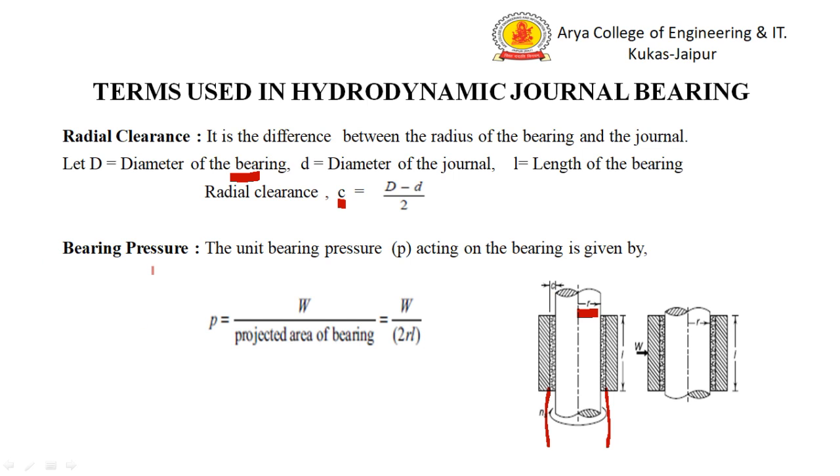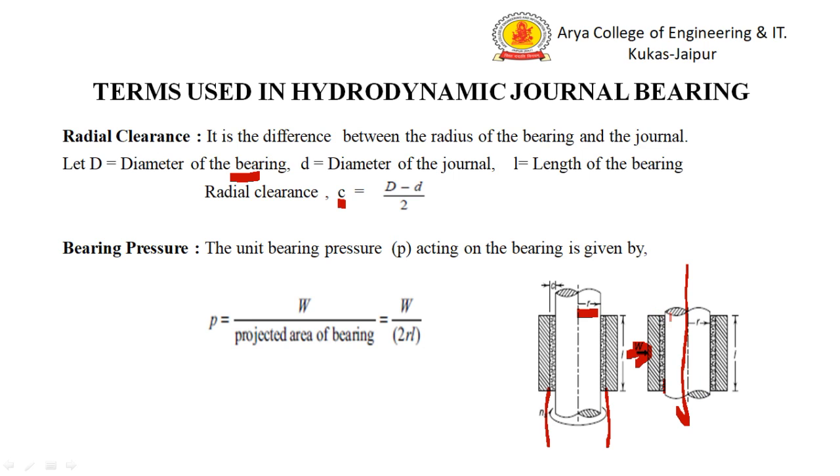Now the bearing pressure. We know that the bearing pressure is equal to force upon area. Let the force W act on the bearing. The force is perpendicular to the axis of the shaft. So this is the force W. So what is the area? Area is the projected area of this shaft.